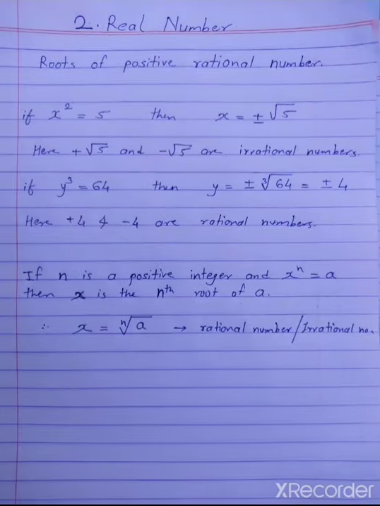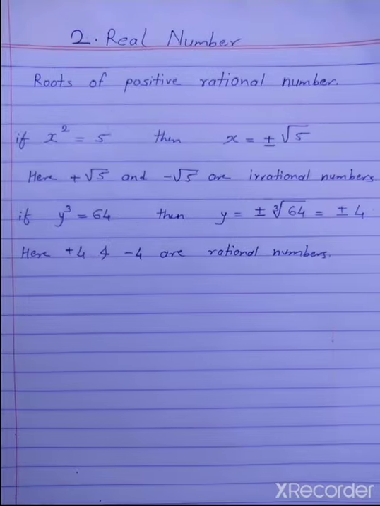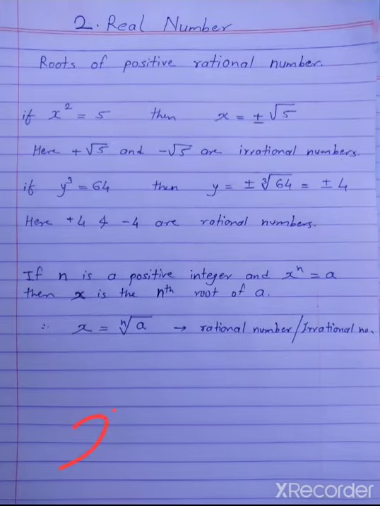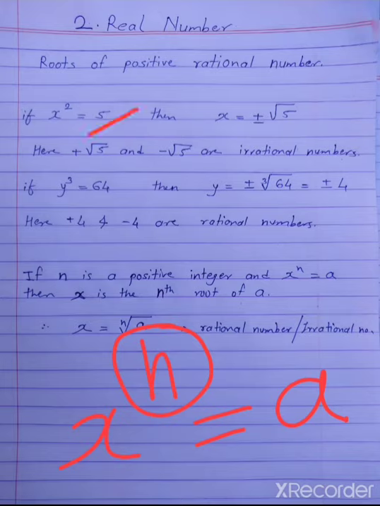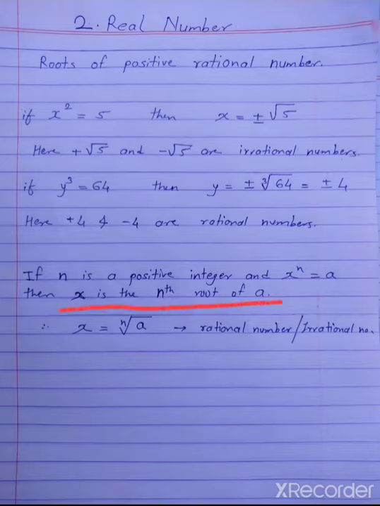Here I write one conclusion. If n is a positive integer, this power, and x raised to n is equal to, suppose, a, then we can write x is the nth root of a.